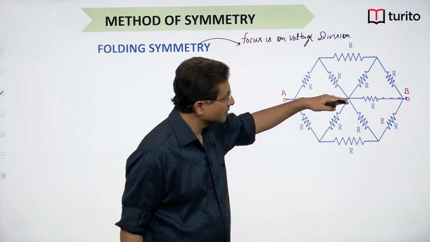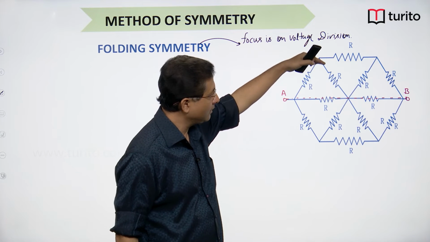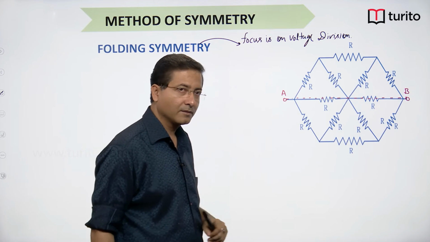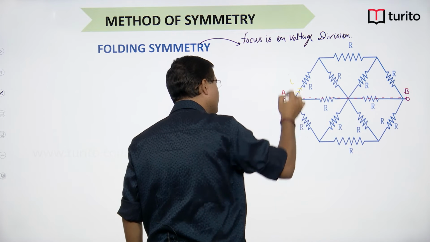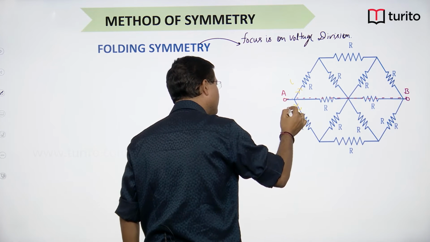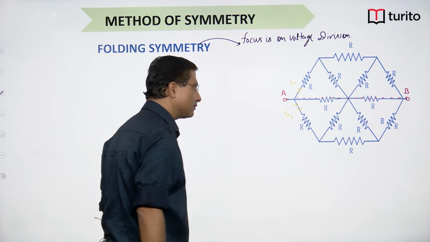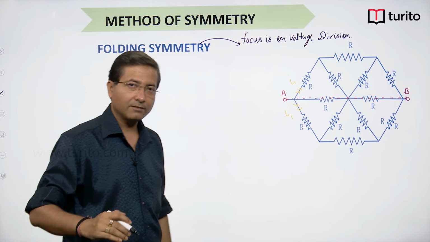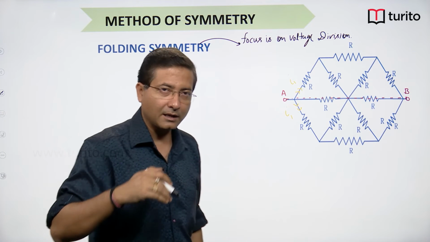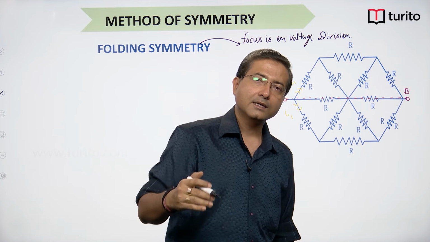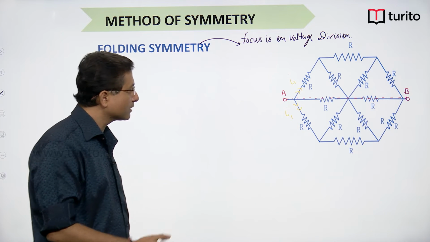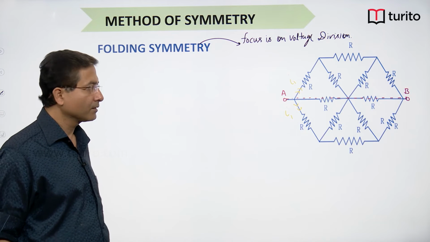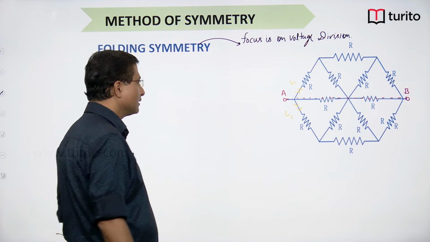Above this line we have a terminal here and below this line we have a terminal here. As the circuit has folding symmetry, whatever current flows here, the same current will be flowing here. If I call it I1, this will be I1 because the circuit has folding symmetry. What is happening above the line of symmetry, the same thing will be happening below it.